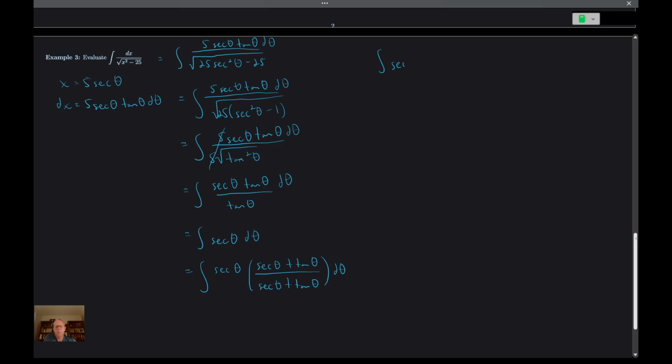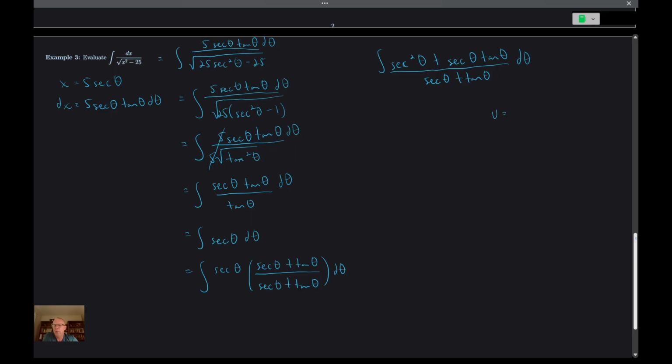Okay, so now we have the integral of (secant squared theta plus secant theta tangent theta) over (secant theta plus tangent theta). Now you may be thinking, how does that help? Again, you almost need to know the trick before you can do the trick. It's not one that you're going to just come up with, especially under pressure, if you're in a timed test.